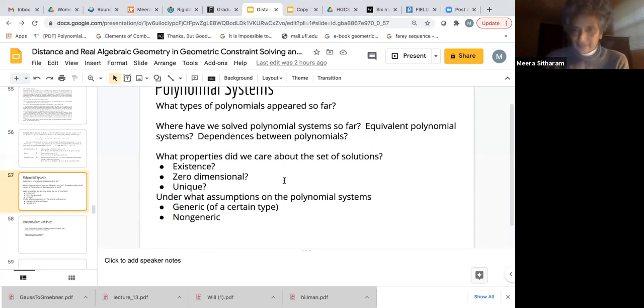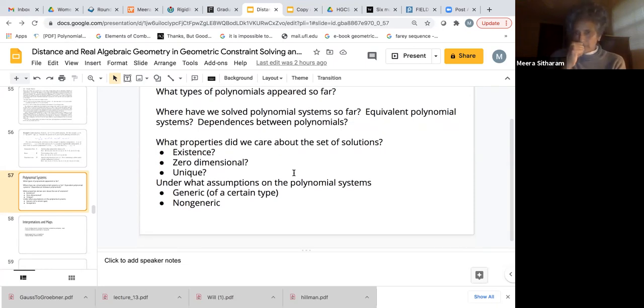I haven't told you in what sense what the new matroid is over the graph by which you get that dependence, but you can imagine that, and I believe Tony might have talked about this in the sense of generic rigidity matroids. By the time we come to the generic rigidity matroids, we would have already gone through some of the other things about polynomial systems, and we would have finished this tour of techniques before we go into those.